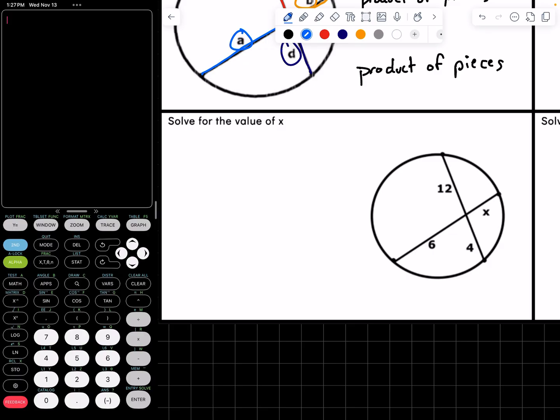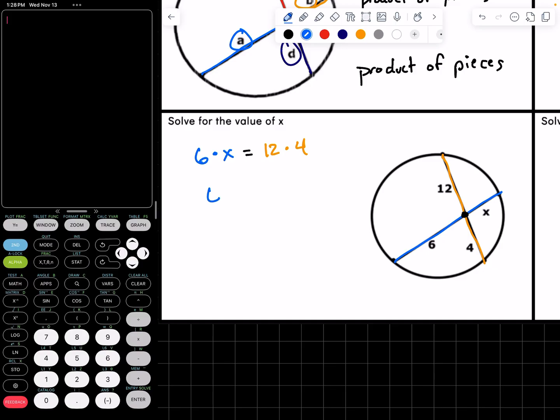So we've got 6 times x. That's going to cover these two pieces of that chord. 6 times x equals 12 times 4. They're all going to stop at that point right there. So my first piece, 12 times my second piece, 4. All I do is multiply these out.